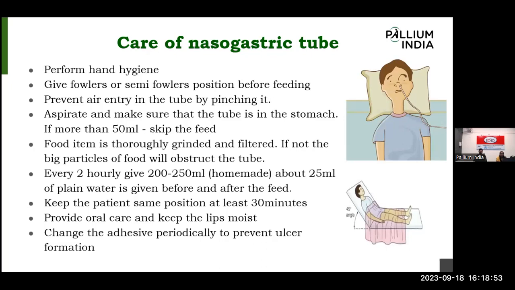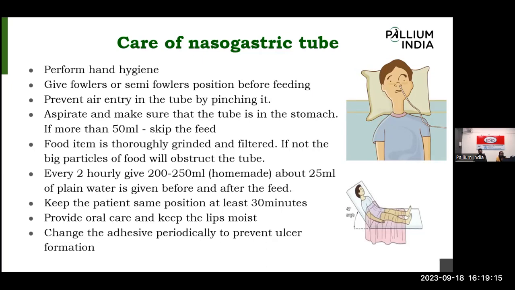Another important message: keep the same position after feeding. Keep the patient in the same position for at least 30 minutes, so that if the patient regurgitates, it will not go to the trachea. That way we can prevent aspiration.